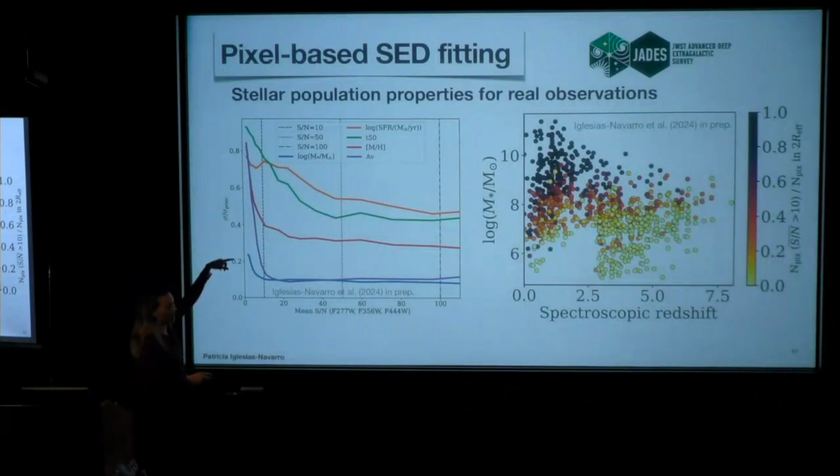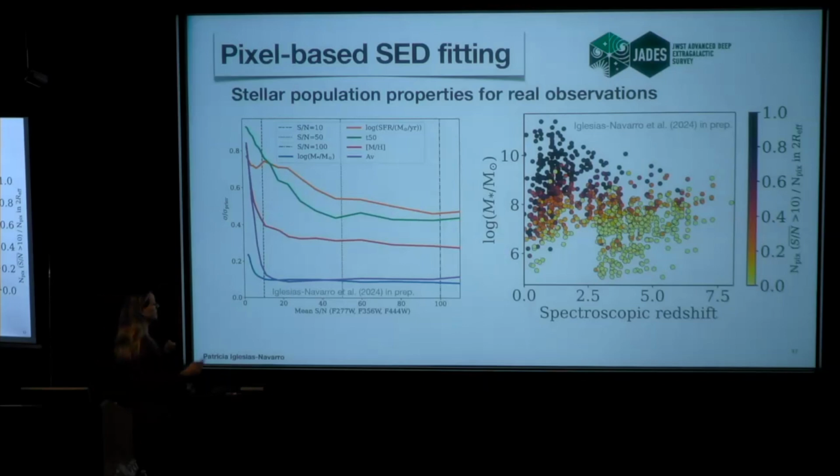On the y-axis, I have the width of the posterior with respect to the width of the prior for several properties, each of them color-coded with different colors. And this is done for 1,000 galaxies in the Hubble Ultra Deep Field and all the pixels within those galaxies.